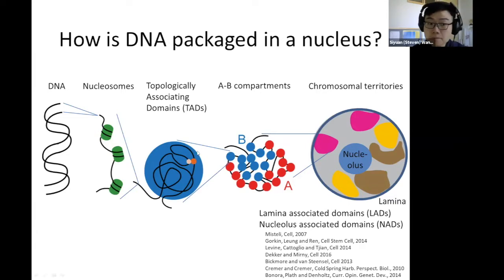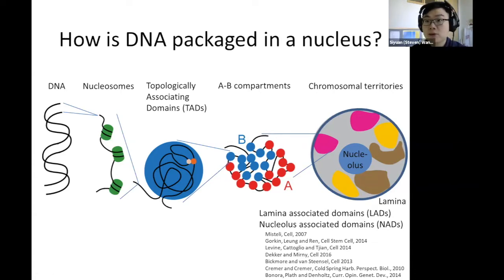For example, TADs largely define the scope of promoter-enhancer interactions. In the A/B compartments, A is enriched with active chromatin and B is enriched with inactive chromatin. The LADs and NADs are also enriched with inactive chromatin.